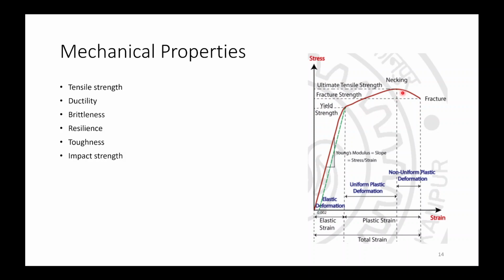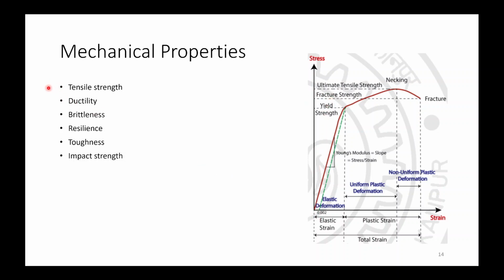After necking there will be a localized deformation, and in that area most of the rest of the curve is produced, which is non-uniform plastic deformation, and then there will be fracture. The maximum is known as ultimate tensile strength, and the fracture stress is known as fracture strength.